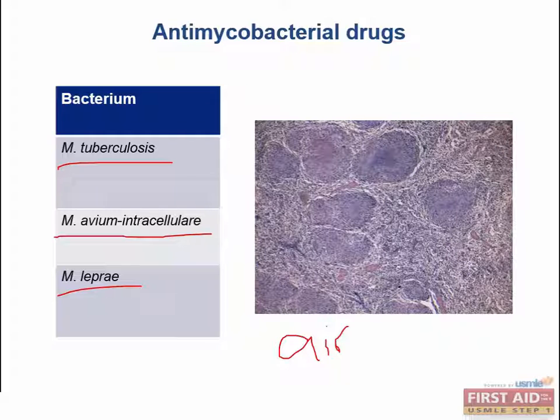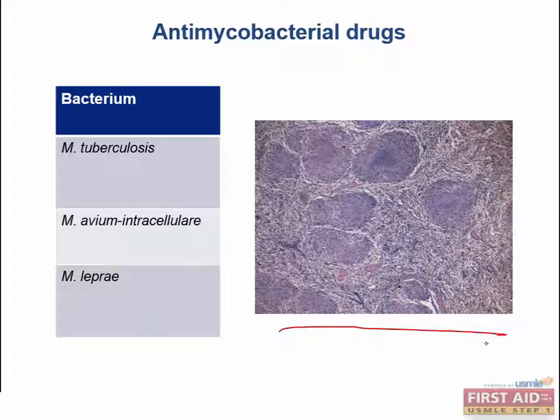And do you remember what kind of symptoms you would see in someone with active TB? We would expect to see a patient with fever, night sweats, chronic cough, weight loss, and fatigue. If you see any of those or a number of those on your exam, make sure to be thinking of Mycobacterium tuberculosis.